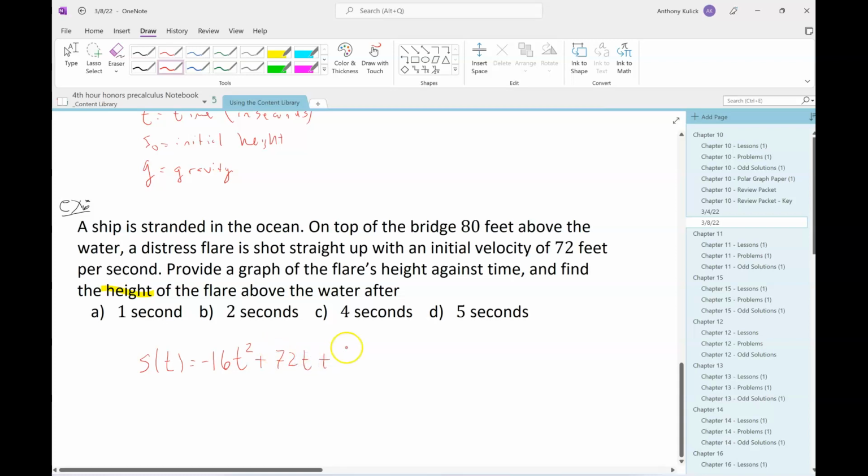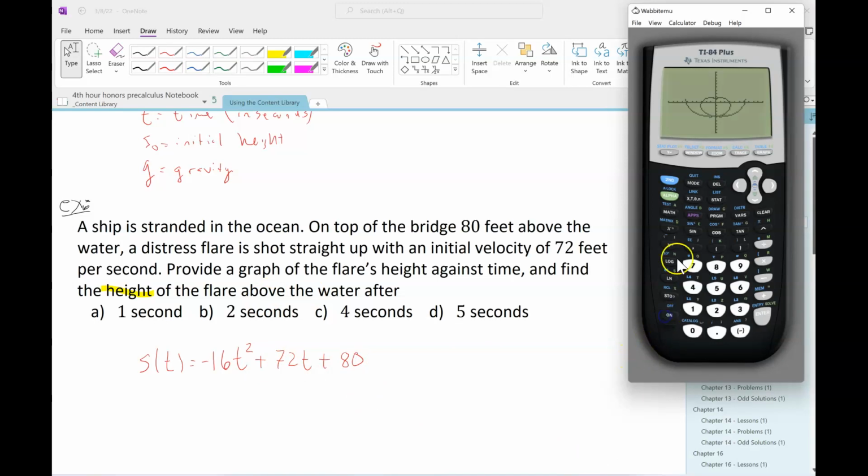Great. And what's the initial height? 80 feet above the water. So we could write it as just a Cartesian equation, which is kind of what they gave us. So I do that. There's my Cartesian equation.